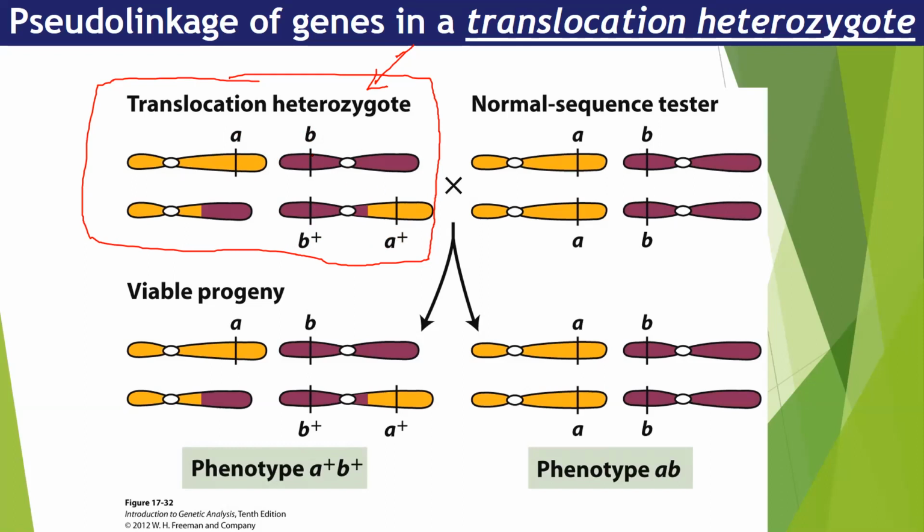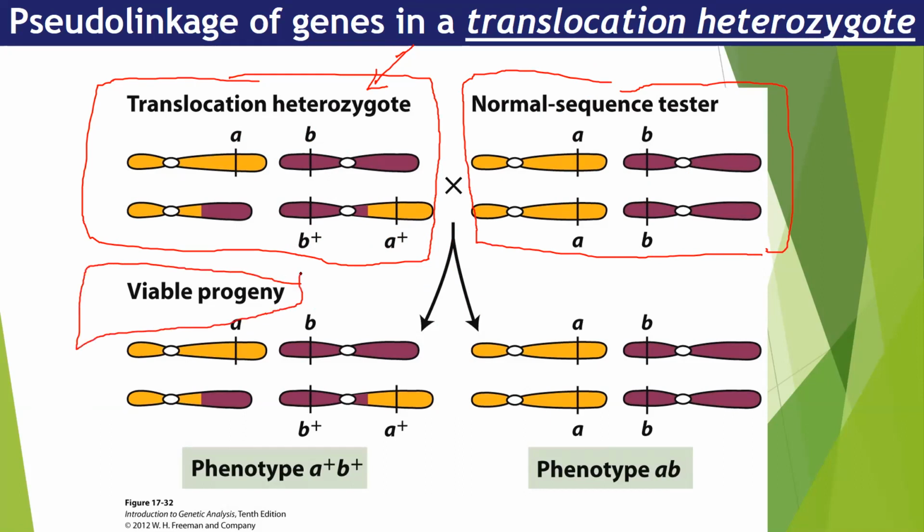Now if we test cross this one with the double homozygous recessive, this is a classical dihybrid test cross, right? Now, two possible progeny can be viable. Why do I say this? Because those are the two possible viable progeny.